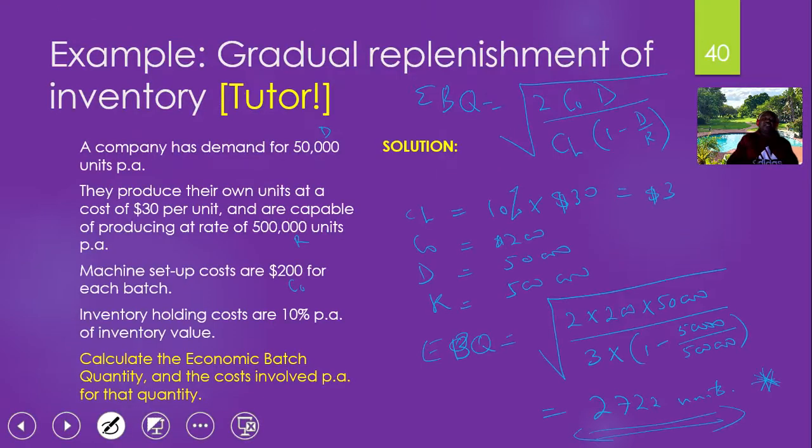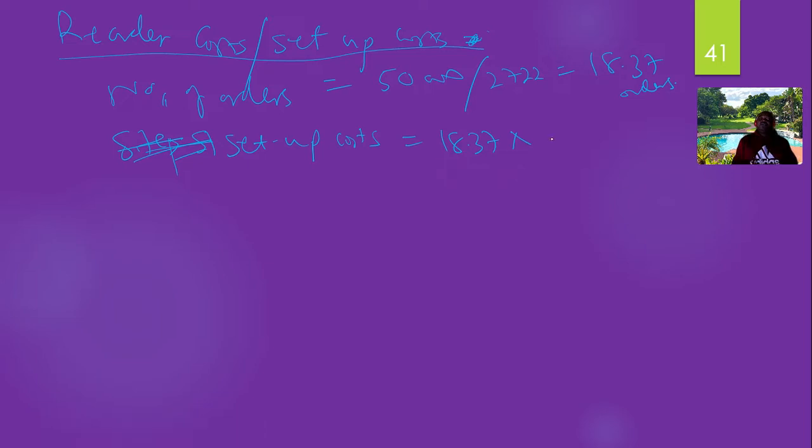In this case, the machine setup costs are $200 for each batch. Let me punch these figures in this calculator, and that's 3,674. All right, we are done.